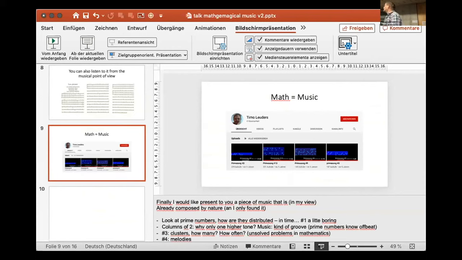A piece of music I really found. It was there. I did very, very few things. I programmed a little and counted a little, but this is music that nature, or God, as you choose, composed and gave to us. It's the prime numbers. I will now present how prime numbers sound, doing very, very little except arranging them a little.